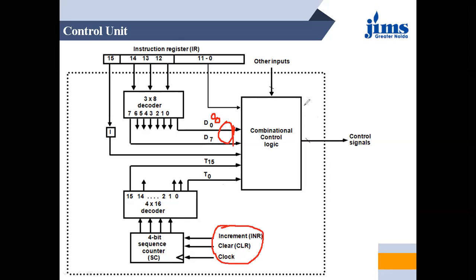In the last one, I told that input registers are connected directly with the processing unit. So when we have to produce the control signal, then on this side there is an instruction register.